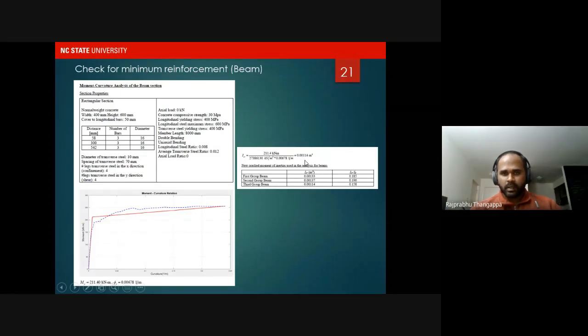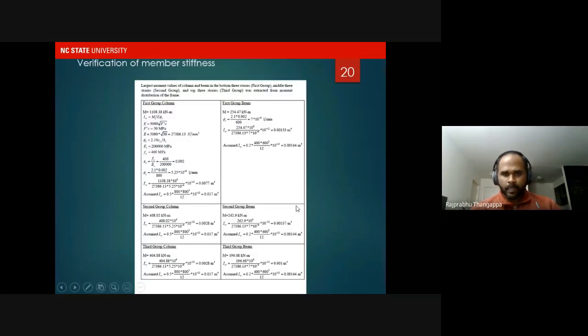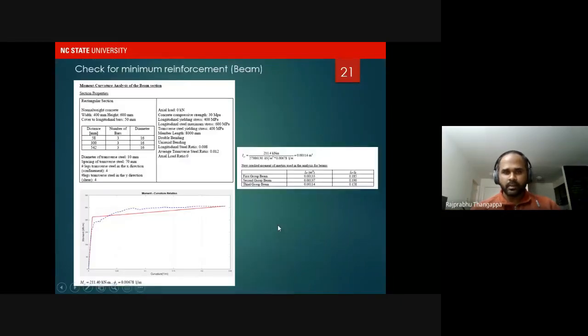But on the other hand, for the second and the first group, the cracked section stiffnesses from the moment demands are slightly greater than 0.00114. So that would result in using the actual values from the moment demands.